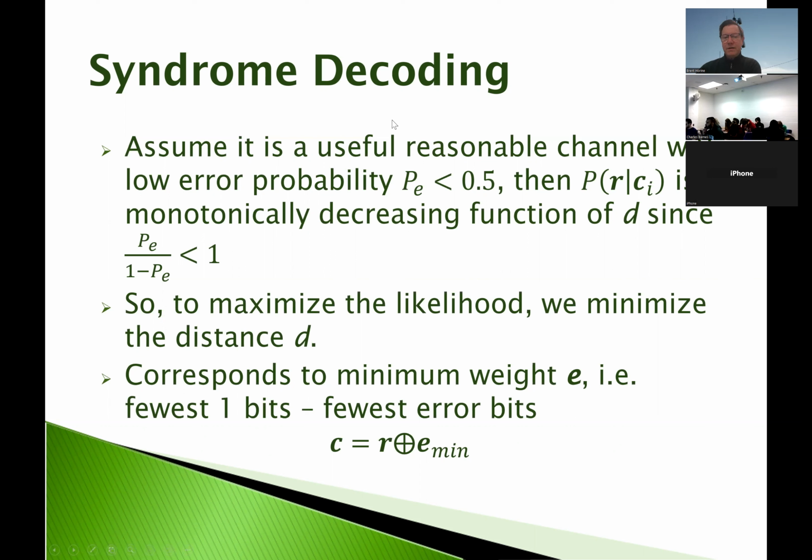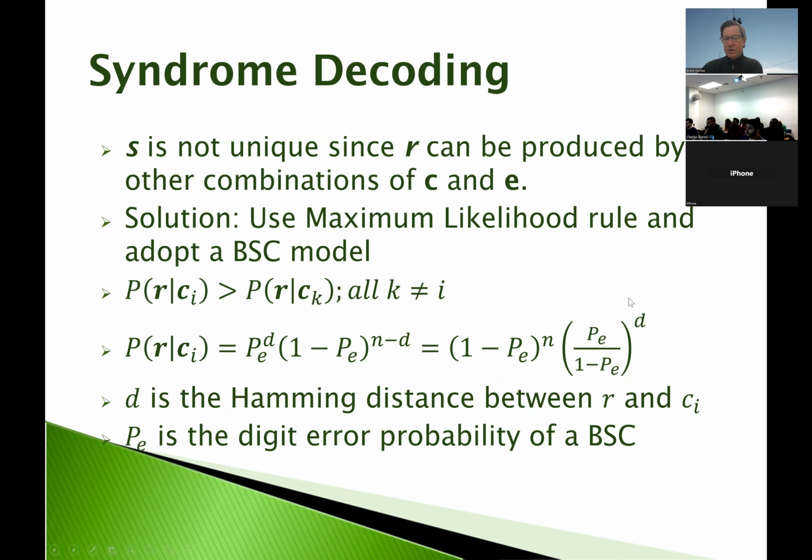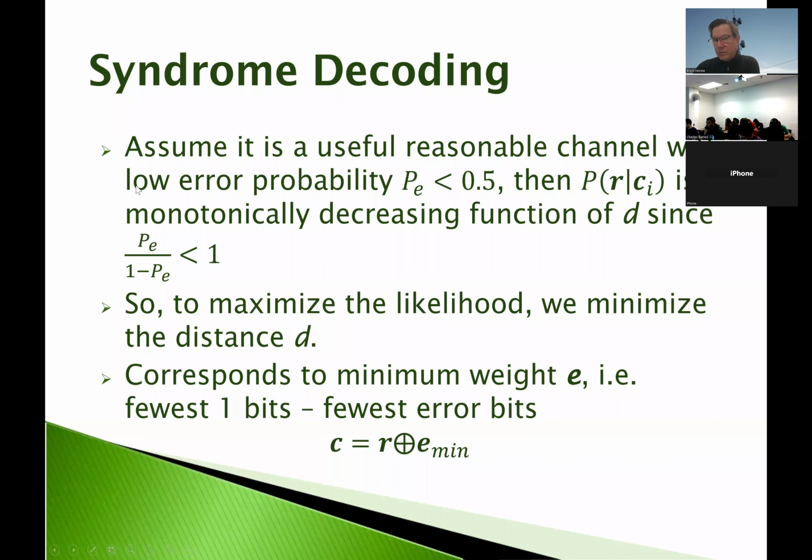But if it's below 0.5, then this ratio here that shows up to the power of D is going to be less than 1, right? If this is less than a half, and this is 1 minus a half, that's going to be bigger, and so the denominator is bigger than the numerator, so it's going to be less than 1.